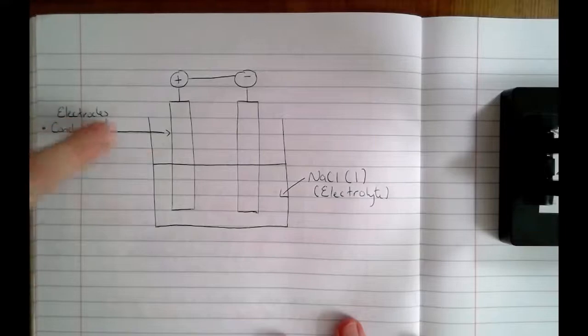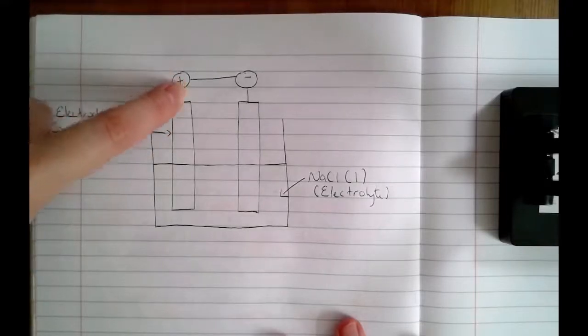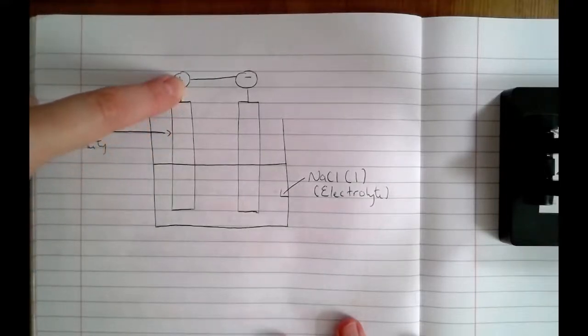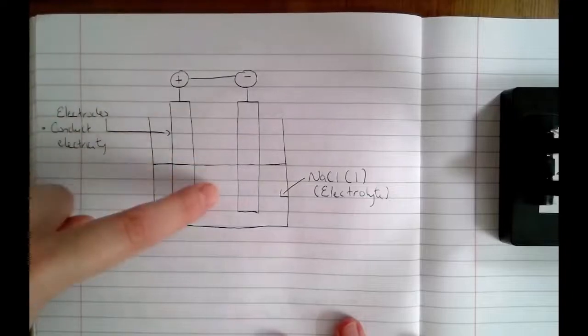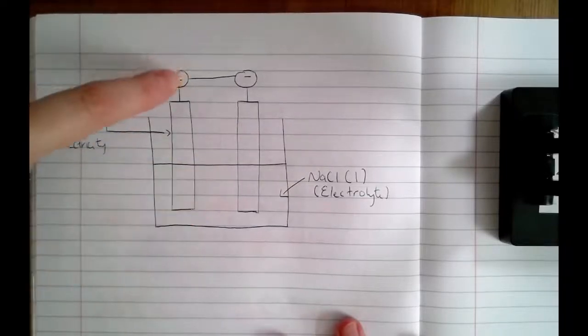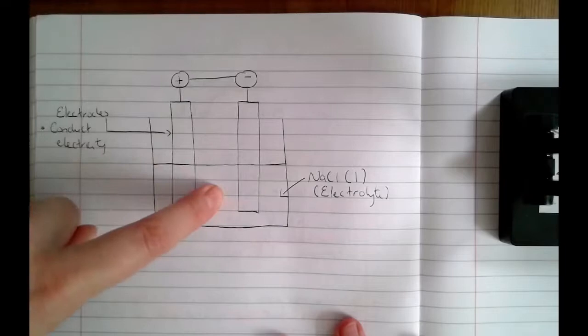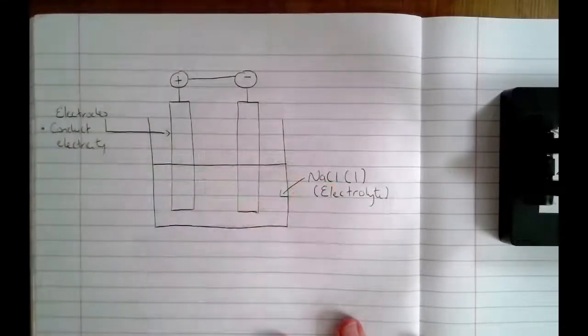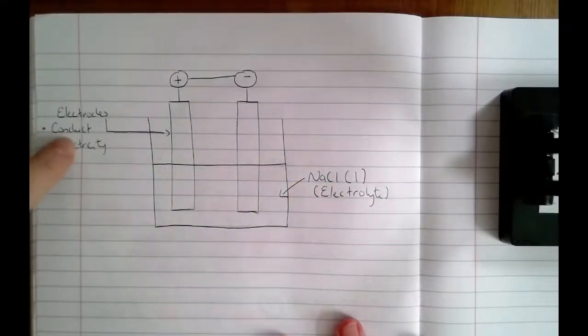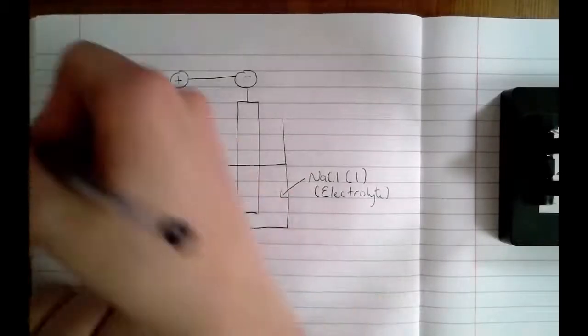If your electrode didn't let electricity pass through, then the electricity would not be able to pass from the battery into the ionic compound, and we need the electricity to pass into the ionic compound to split it up. So that's a key criteria. Electrodes must be able to conduct electricity.